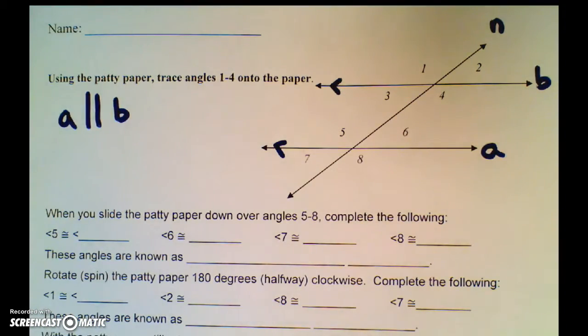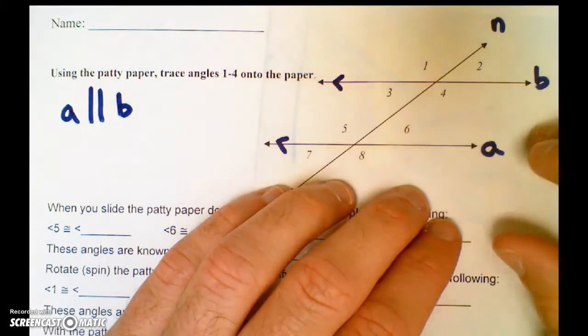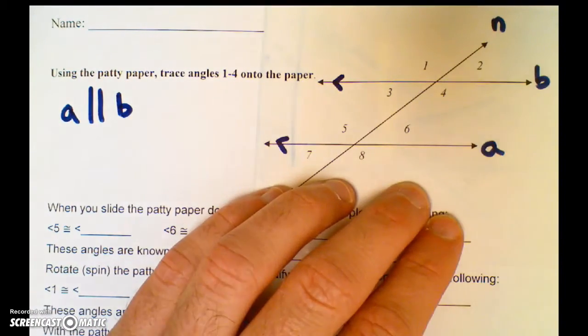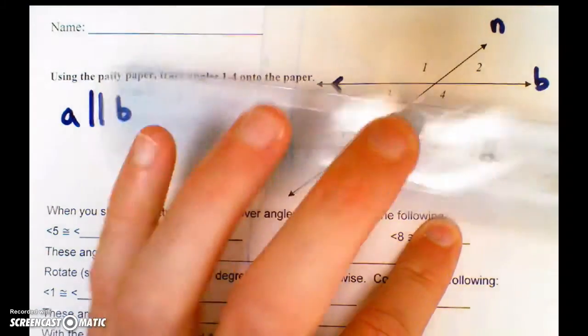So we're going to do an investigation with patty paper, and actually we're going to use transparency paper instead. And we're going to see if we can find a relationship between the angles. So the first thing is you're going to take your transparency paper and trace angles 1, 2, 3, and 4 onto the paper.